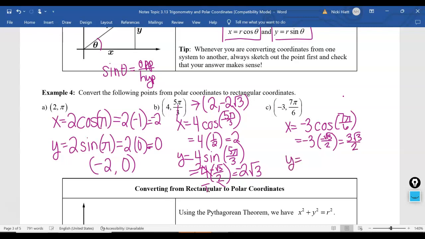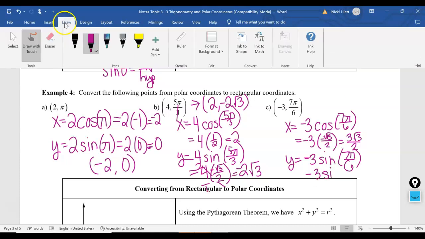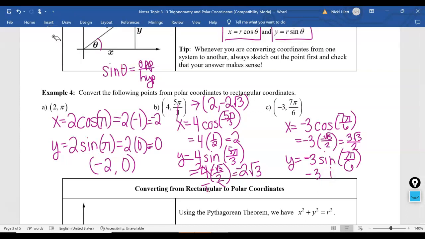For your y, you're going to have negative 3 sine of 7 pi over 6. Sorry, this isn't going to write very well. Which is going to be negative 3 sine, let me write that sine right there.